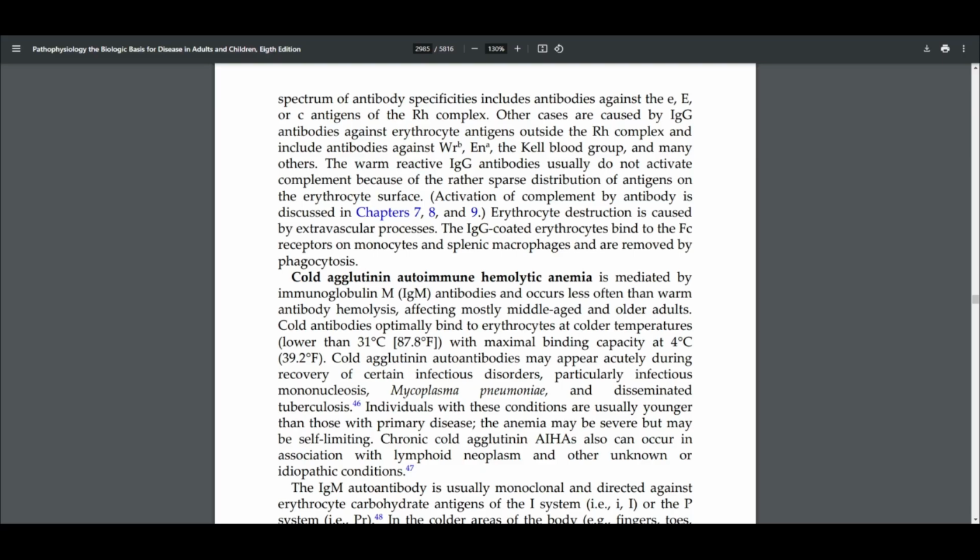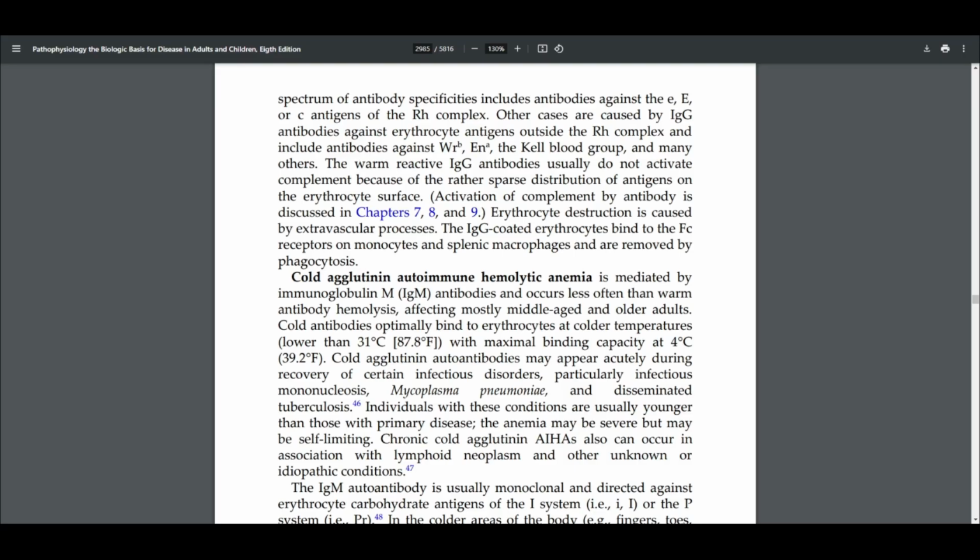The warm reactive IgG antibodies usually do not activate complement because of the rather sparse distribution of antigens on the erythrocyte surface. Erythrocyte destruction is caused by extravascular processes. The IgG-coated erythrocytes bind to the Fc receptors on monocytes and splenic macrophages and are removed by phagocytosis.